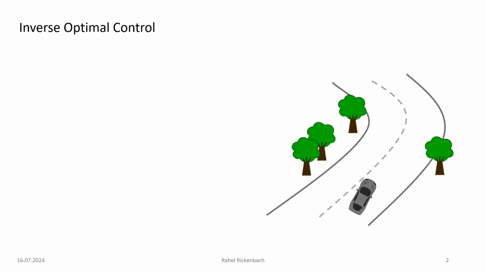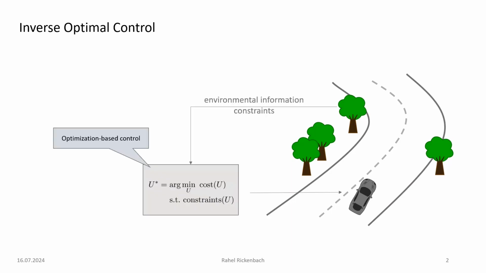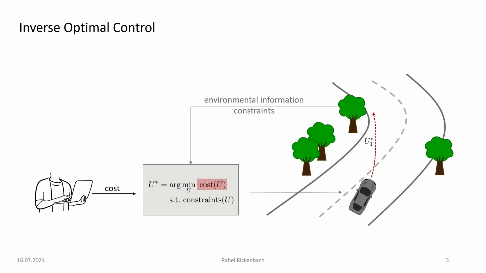Now such a situation can be addressed with an optimization-based control strategy where we can consider the environmental information and the constraints, but also, by designing a suitable cost function, tune our performance. However, designing such a suitable cost function can be cumbersome, unintuitive, and its tuning can be difficult.